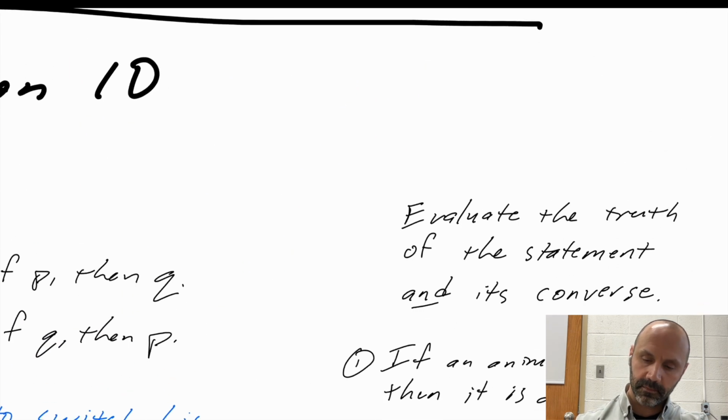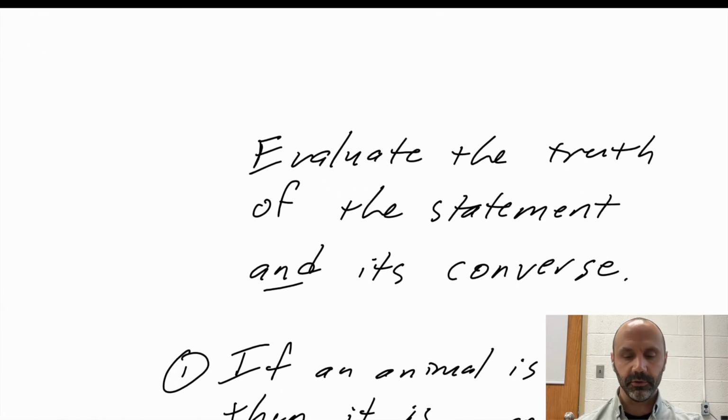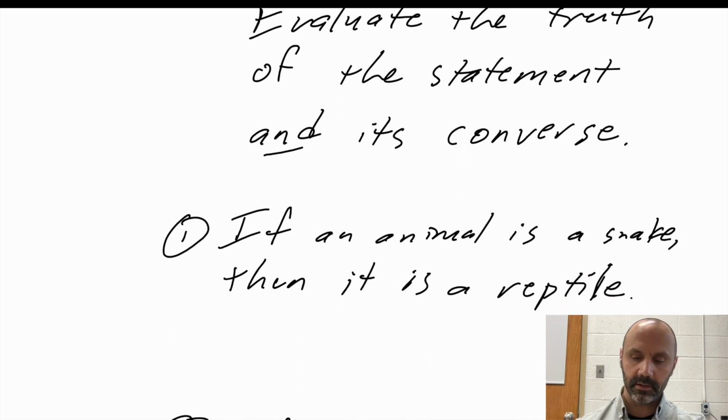So here are some examples. I want you to evaluate the truth of the statement and its converse. If an animal is a snake, then it is a reptile. Well, this one would be true. If there's an animal that happens to be a snake, then that does imply that it is a reptile. And then what's the converse?